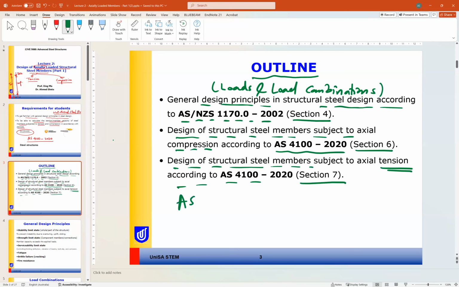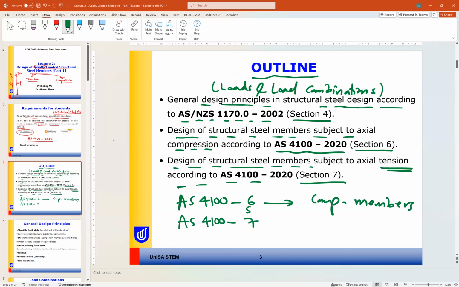So AS 4100 section 6 for compression members and AS 4100 section 7 for tension members.